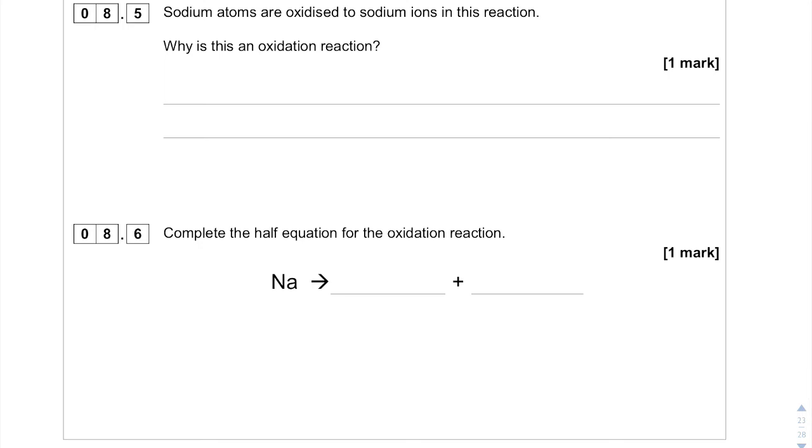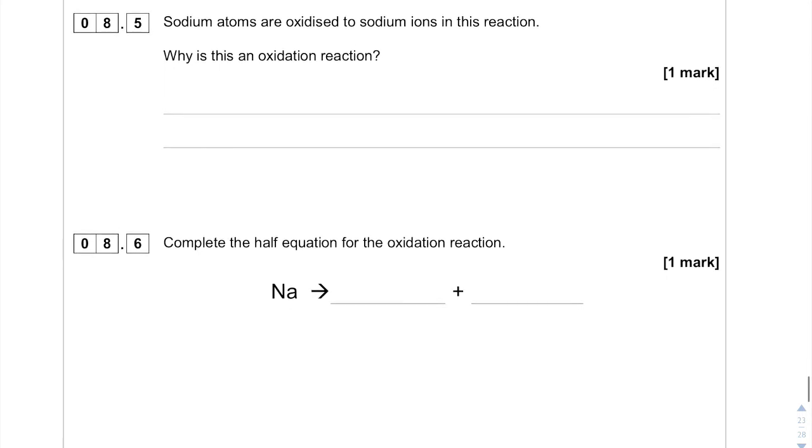Stage 2, sodium displaces titanium from titanium chloride. Sodium atoms are oxidized to sodium ions. So what is an oxidation? Oxidation is loss of electrons.